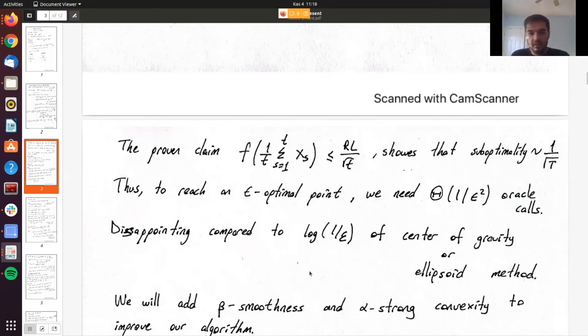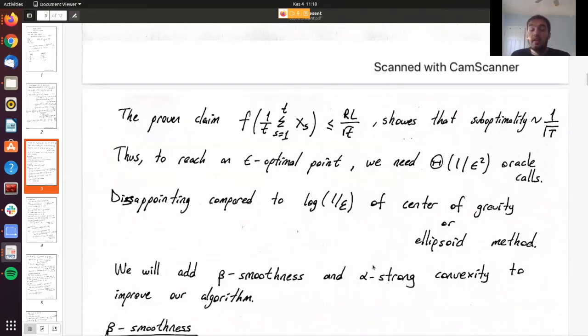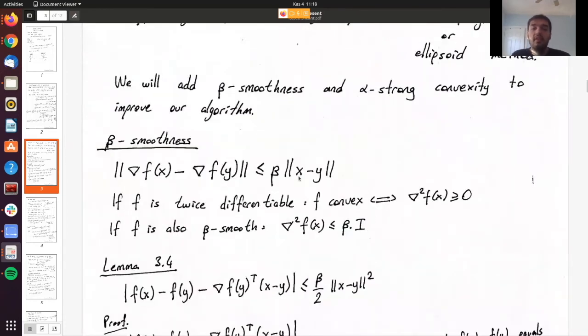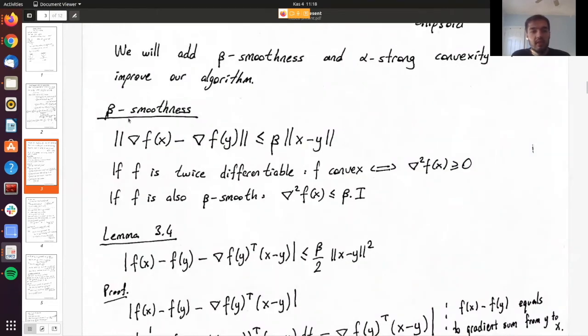This is a bit disappointing because in previous chapters, the center of gravity or ellipsoid method had fewer oracle calls, which is logarithm of 1 over epsilon. Now, we will use beta smoothness and alpha strong convexity to improve our algorithm. So let's define beta smoothness.